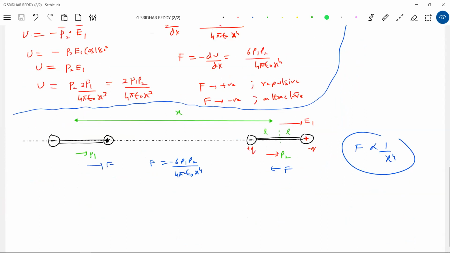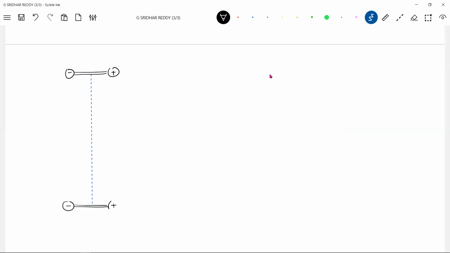Okay, I'll go to the next thing. So if the dipoles are like this, one having a dipole moment P1, the other having a dipole moment P2, we have to calculate the force of interaction between these two dipoles.